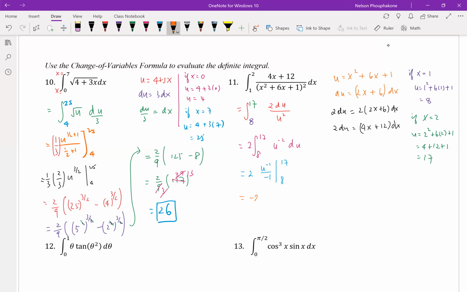So I will have negative 2 times (1 over 17 minus 1 over 8). Okay, so now the rest of it is just algebra. So I will have negative 2.